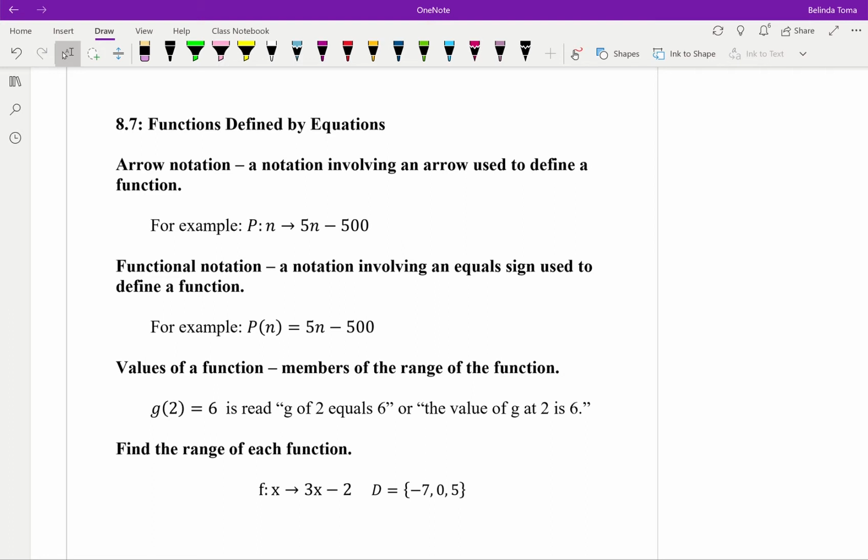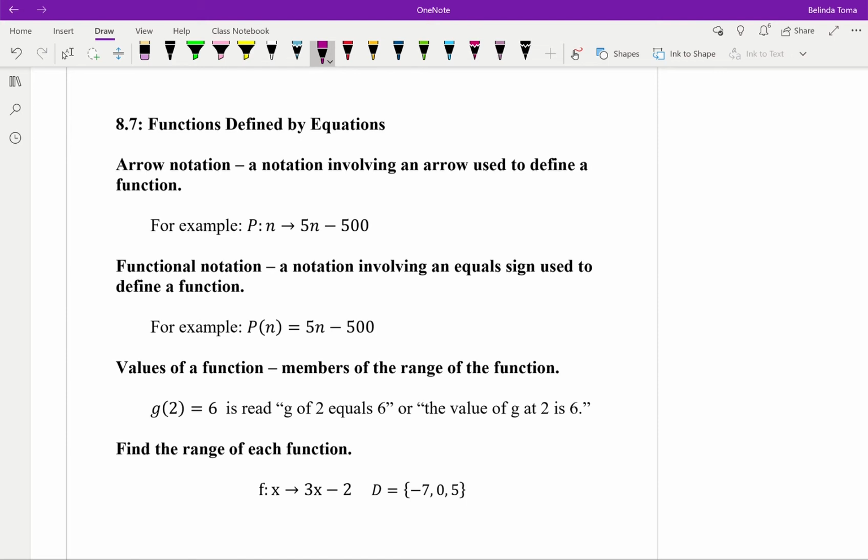A more common notation is functional notation. And this involves an equal sign where we have, again here, P of n, where we have these parentheses, is equal to, again, the function rule 5 times n minus 500. So our values of our function are, again, when we plug in values, we get out something.